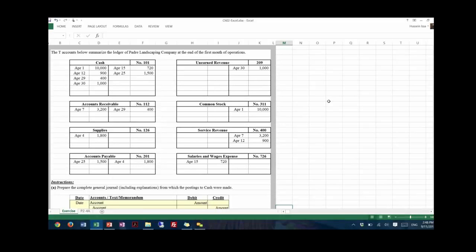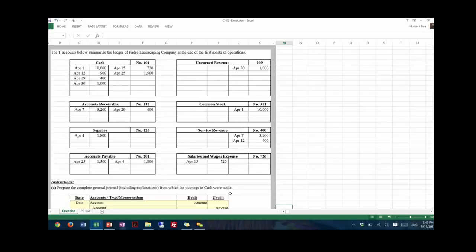And in this problem, what we will be doing is recreating the journal entries based on the transactions that were posted to the ledger account. In this case, what they are asking us to do is to prepare the complete general journal from which the posting to cash came.